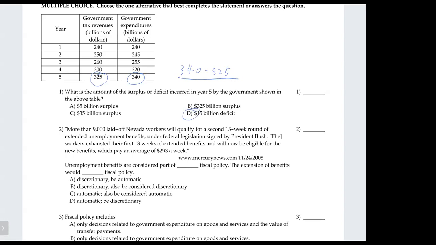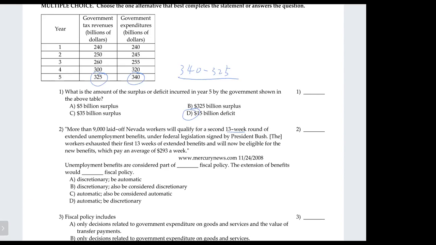Question 2. More than 9,000 layoffs will qualify for a second 13 weeks round of expanded unemployment benefit under federal legislation signed by President Bush. The workers exhausted their first 13 weeks of extended benefit and will now be eligible for new benefit, which pays an average of 293 a week.